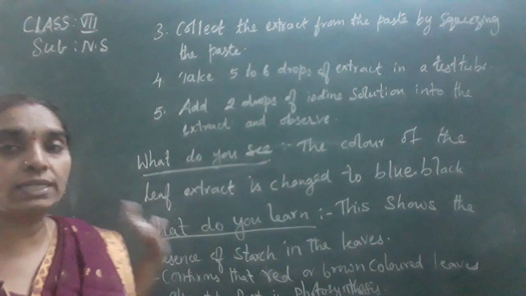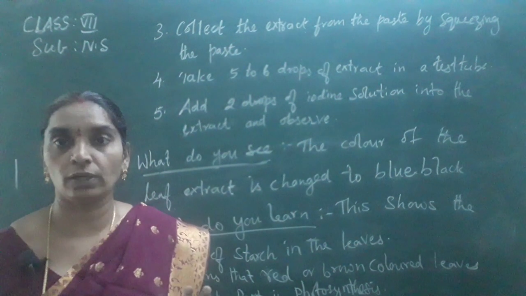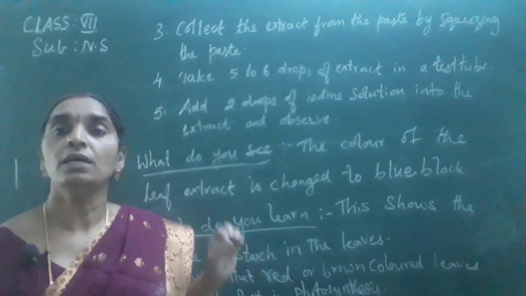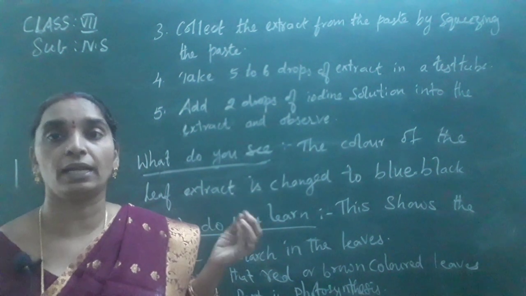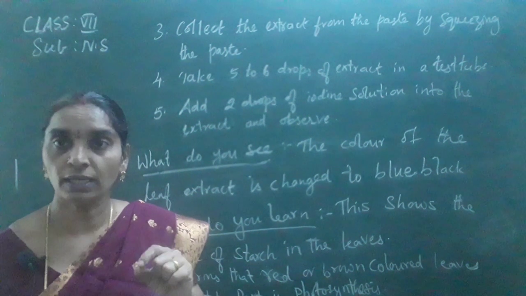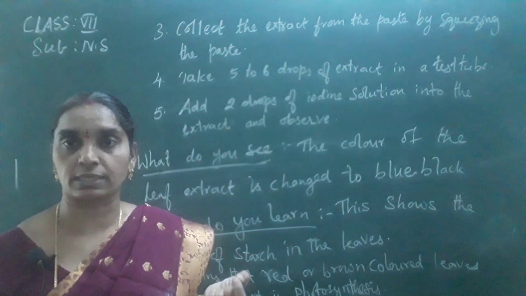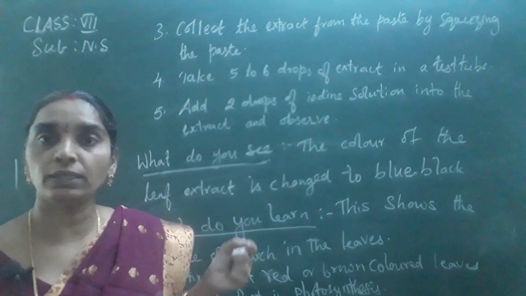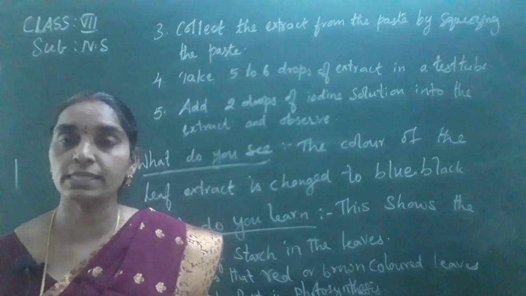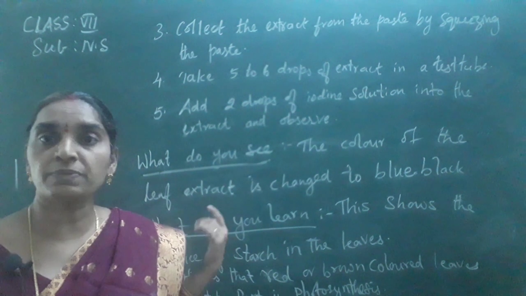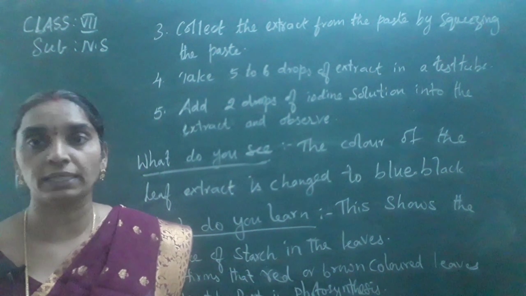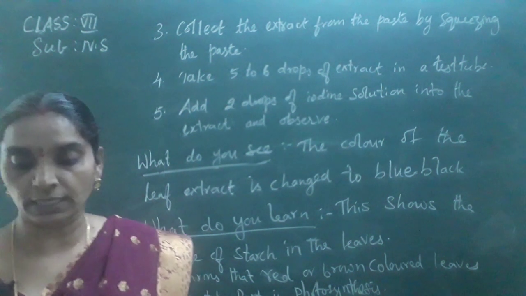Okay children? So what is the experiment we have done? We have taken red or brown colored leaves or yellow colored leaves and made them into paste, then squeezed the extract from it, and to the extract taken in a test tube you add 2 drops of iodine solution. If it turns blue or black, it confirms the presence of starch in the leaves, and also confirms that the yellow colored leaves also take part in photosynthesis. Okay children? Next.